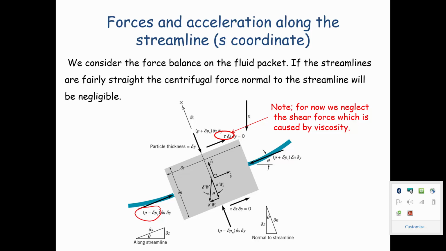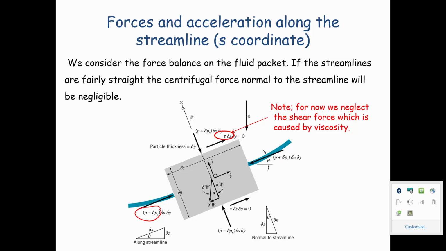On the downstream side of the packet, we've got pressure P plus delta PS. Delta PS is just a change in the pressure as you go from one end of the packet to the other end, so there's a finite change in that pressure, and that's what's defined here. The pressure P is the pressure at the center of the packet.